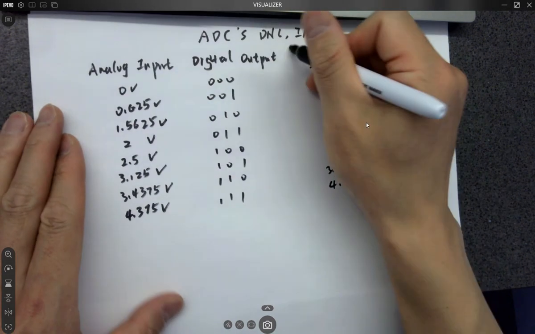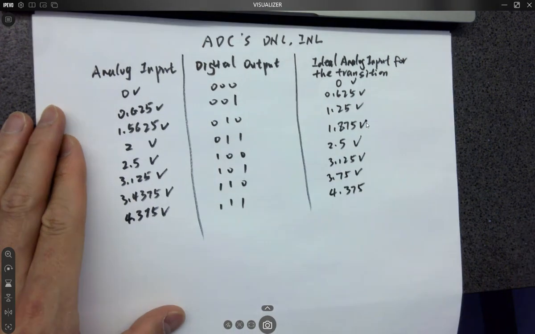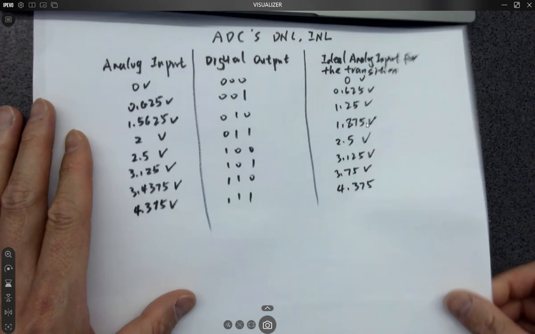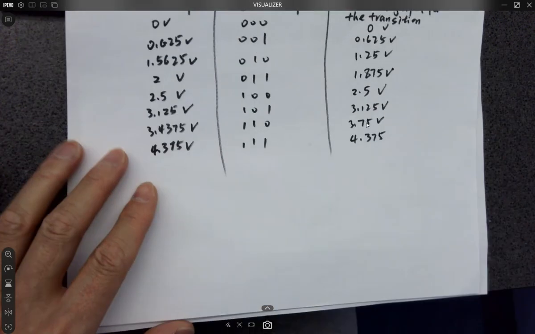So these are all the analog inputs and digital output, and I do analog input for the transition, and it's followed by a curve.